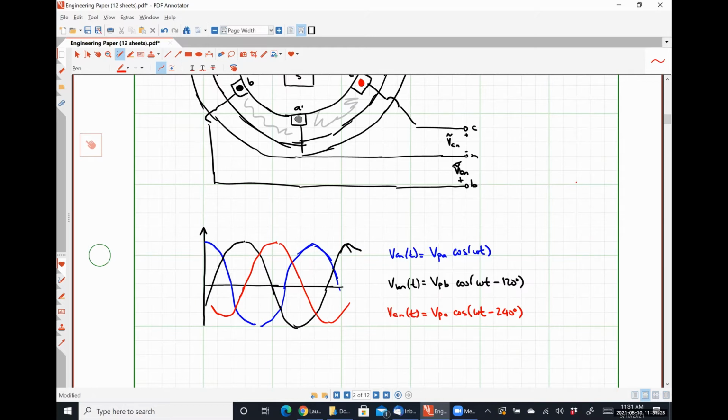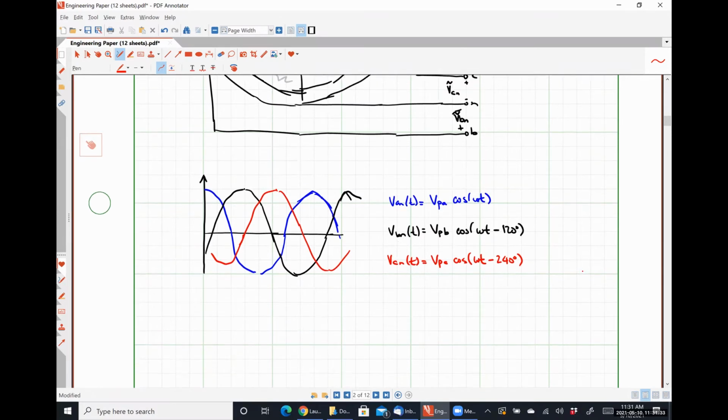So with these signals, we can represent them in the phasor, or excuse me, the RMS phasor domain pretty easily, right? So I could say that this guy is going to be some RMS phasor voltage VAN with a phase angle of 0 degrees.